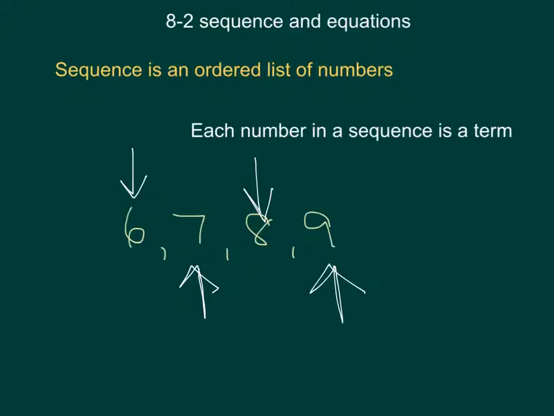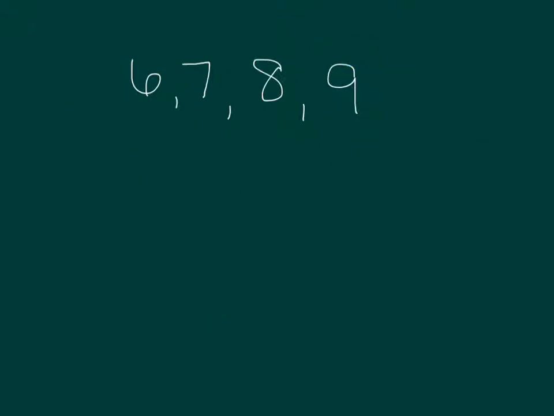So if we look at this sequence, 6, 7, 8, 9, we are able to describe this sequence using symbols and words. You first want to figure out what the relationship is between the term and the numbers. For term number 1, the number is 6.